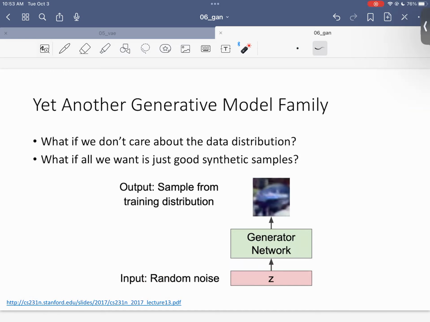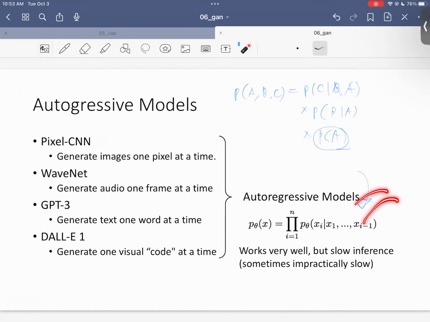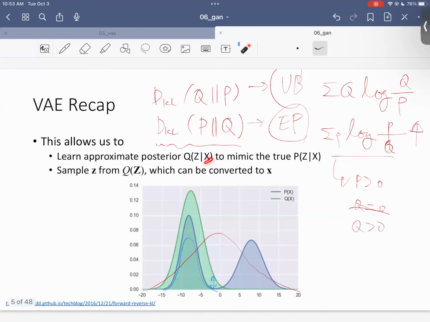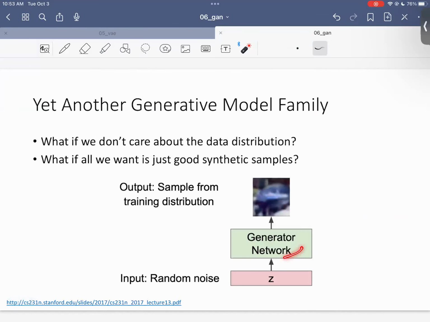We cannot calculate the likelihood of this image, but we can with this: we can put all the pixels into this function and calculate the likelihood. Or with this, we can also calculate the likelihood, right? But here we cannot. All it does is receive a random noise and convert that to a real image, and that's all it does. There is no probability whatsoever. So that's the whole point about GAN.